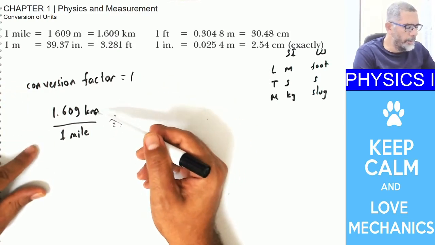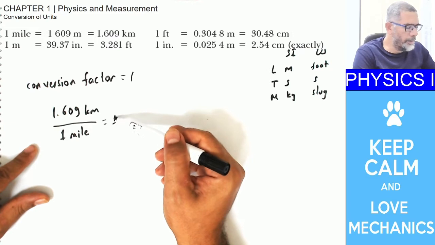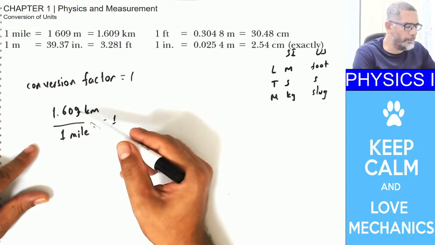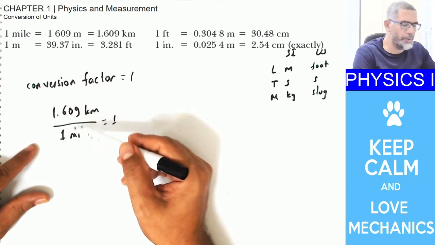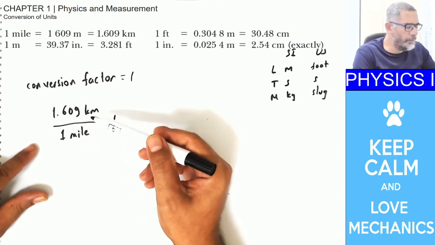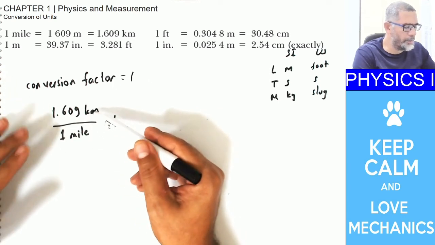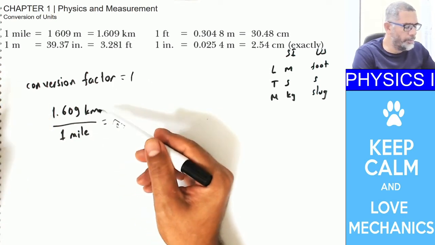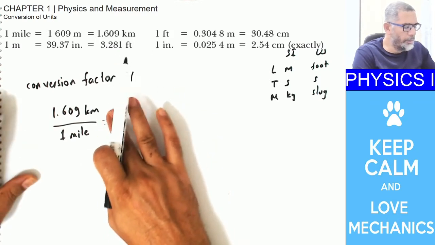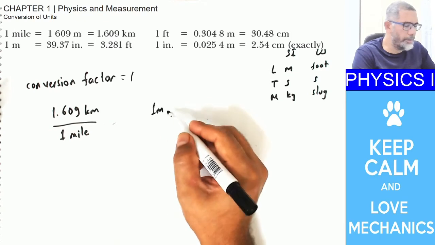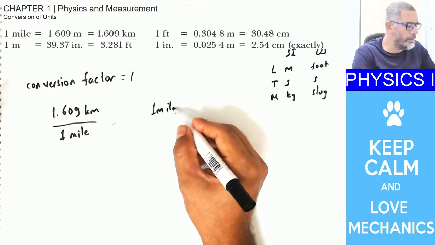But in writing 1, we just don't put the 1 as it is, but we put it as a ratio. If you want to convert from miles to kilometers, this is your conversion factor. If you want to convert from kilometers to miles, the inverse of this is going to be your conversion factor.